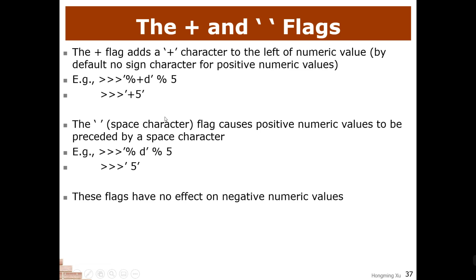And also, this is the space character. If we write the code like here, there is a space character in front of this number 5. But these two flags don't have any effect on negative numerical values.